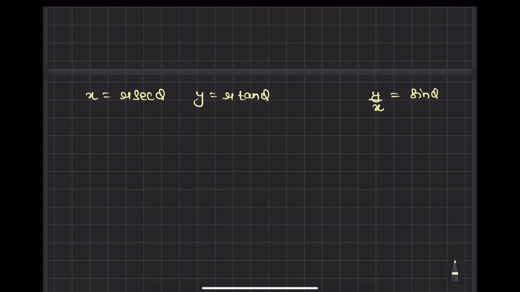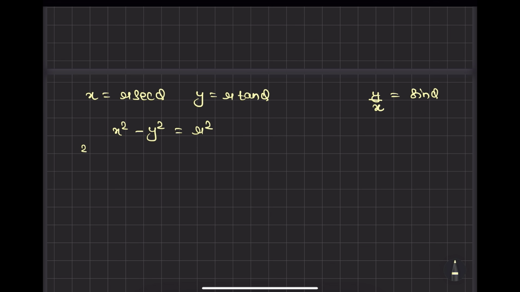So you know that to make this formula valid, sec square theta minus tan square theta, we have to do square and subtract. So can I write x square minus y square is equal to r square? Now do the differentiation again with respect to p.